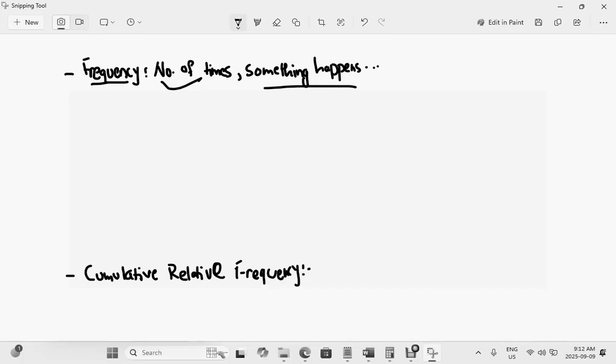It has to do with the total of all previous relative frequencies.